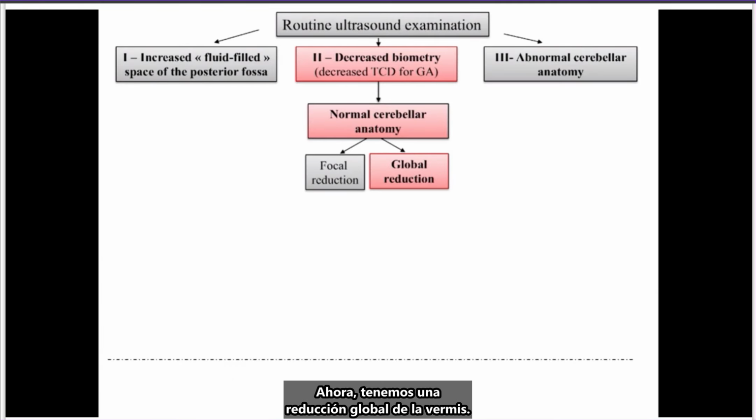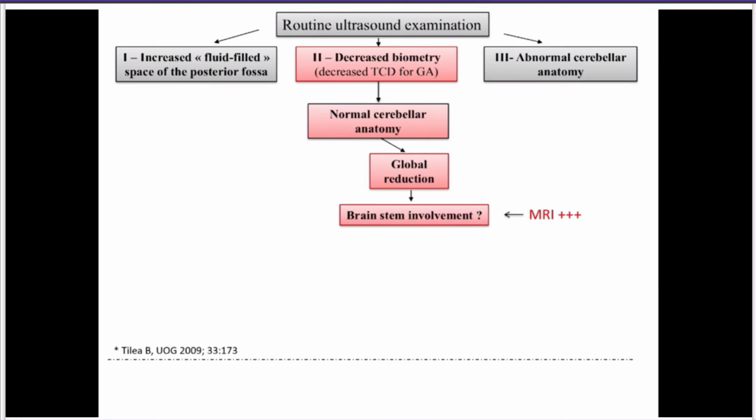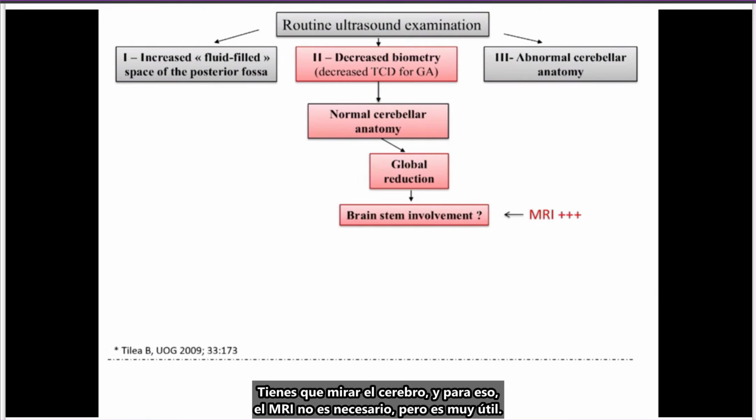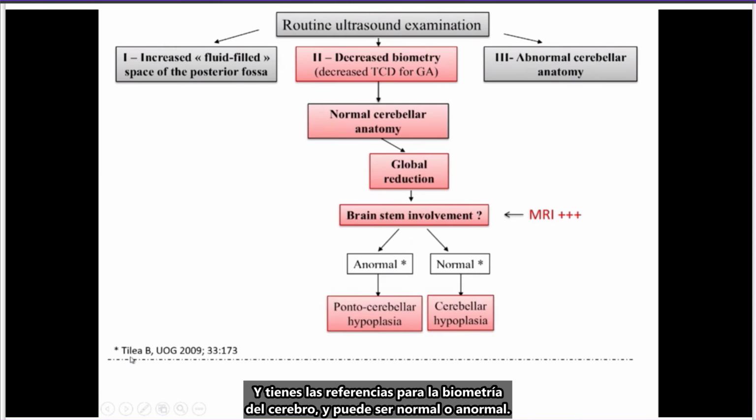Now, you have a global reduction of the vermis. You have to look at the brainstem, and for that, MR is not necessary, but is very useful. And you have the references for the biometry of the brainstem, and it can be normal or abnormal. You are dealing with pontocerebellar hypoplasia or cerebellar hypoplasia.